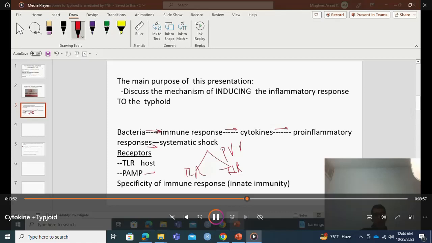PAMP, for the pathogen, stands for pathogen-associated molecular pattern. I'm talking about innate immunity, not adaptive. Innate immunity has specificity, but it is not as specific as the adaptive immune cell.